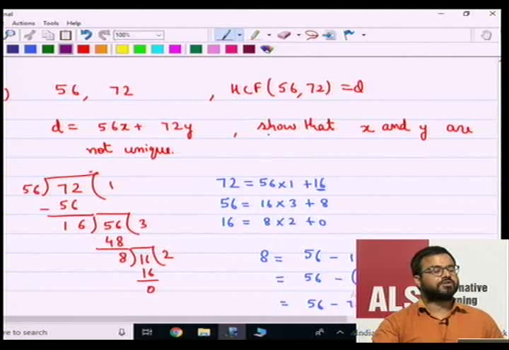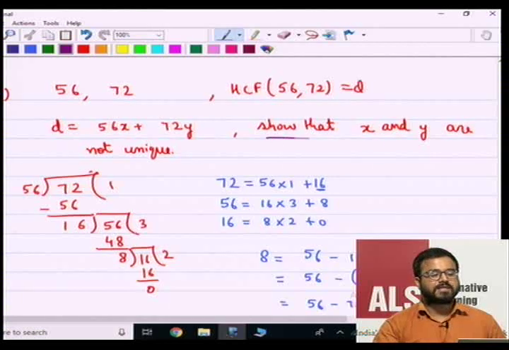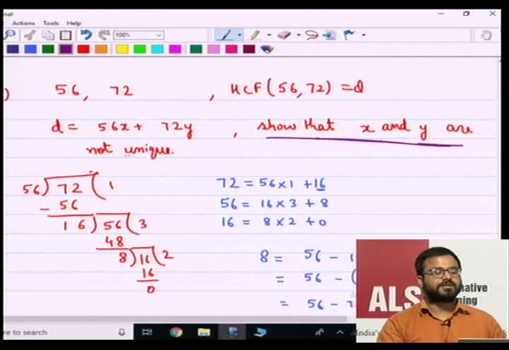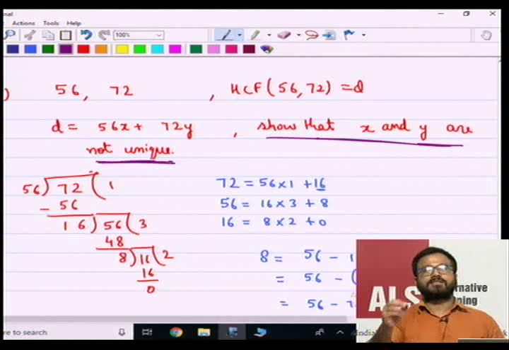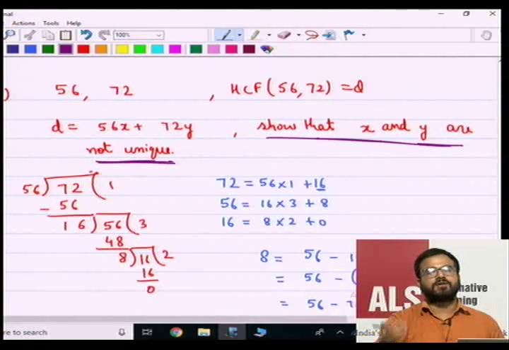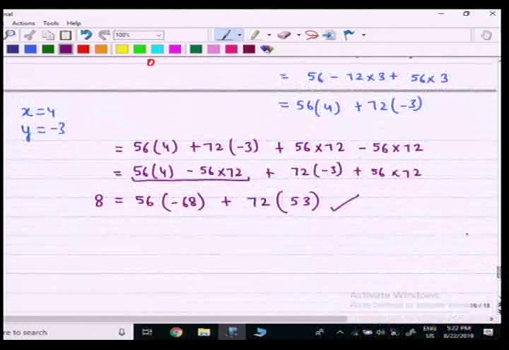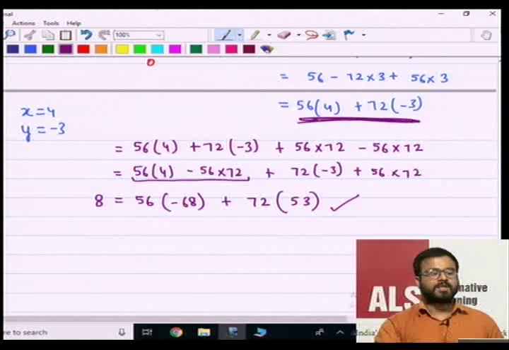The question was, till now we have done expressing the HCF as a linear combination of 56 and 72. It was asking to show that x and y are not unique. It means we have to show that there are some other values of x and y also which satisfy the relationship. So after doing till over here, this is the first set of values of x and y we are getting.